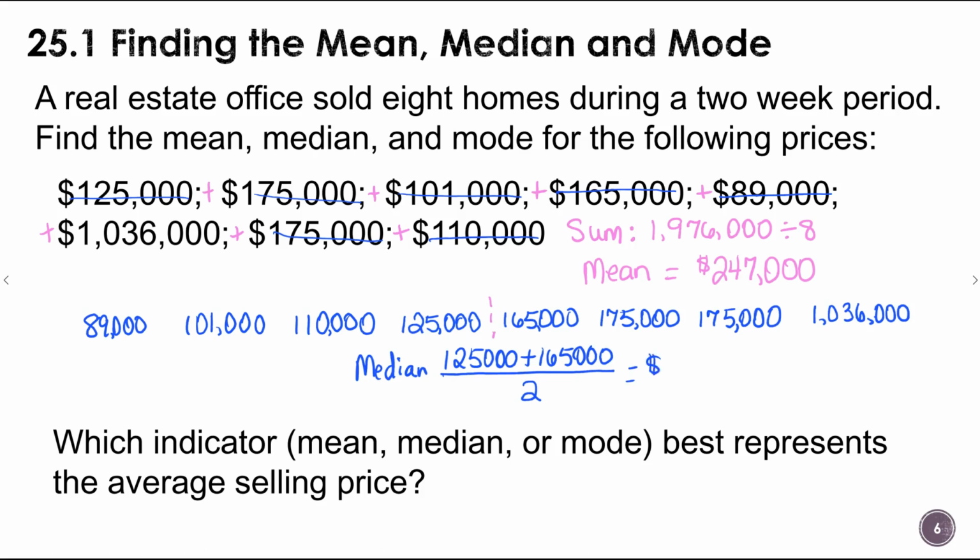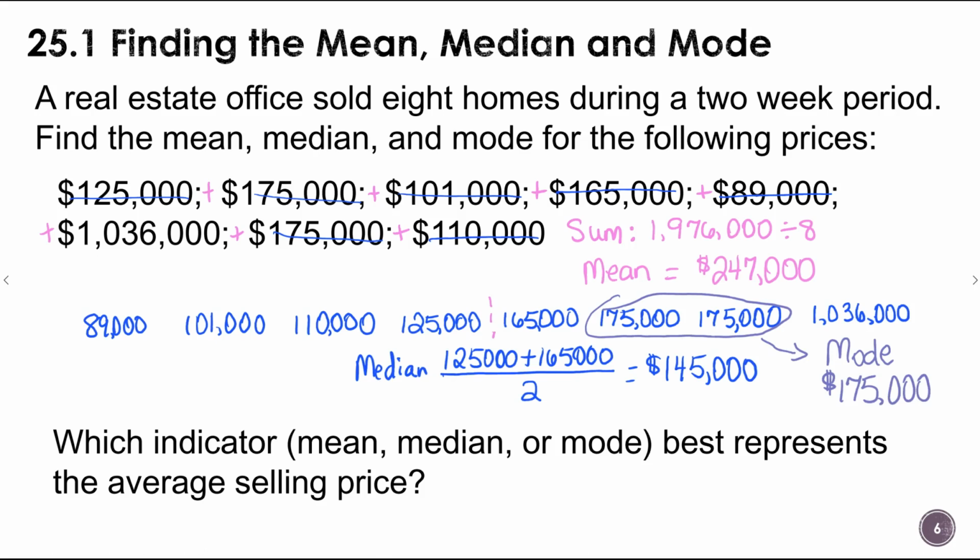So this is our median, 145,000. Okay, and then last would be our mode, and you can see that right here. So that is the mode, and it's 175,000. All right. So there's the mean, there's the median, there's a mode.